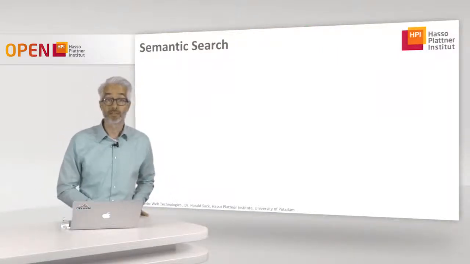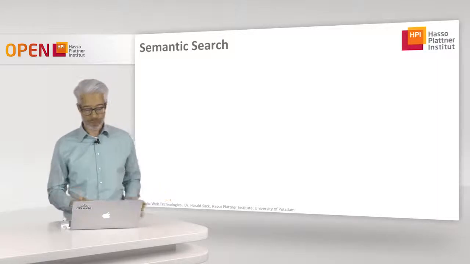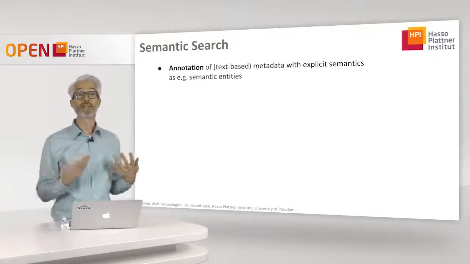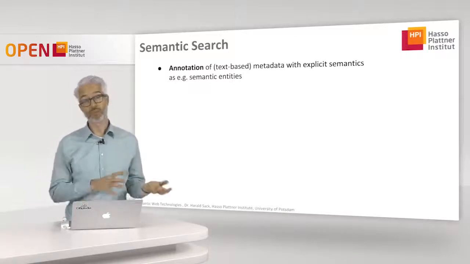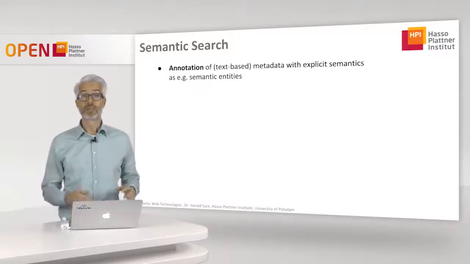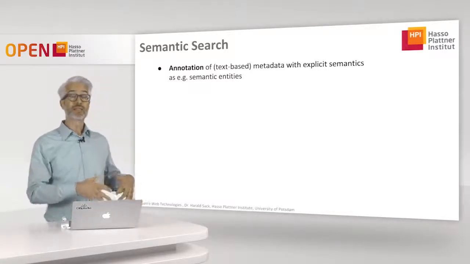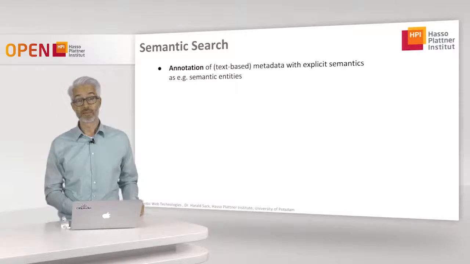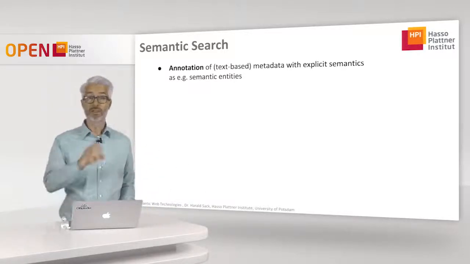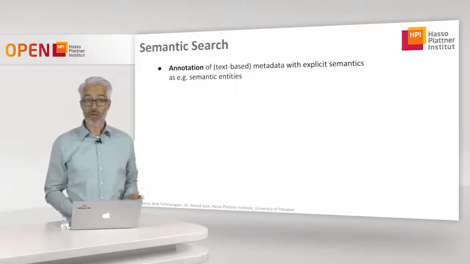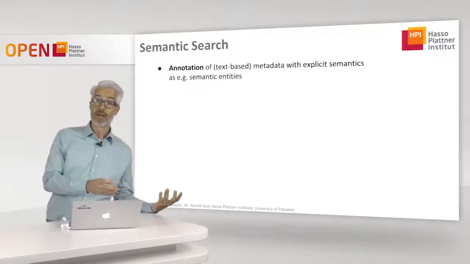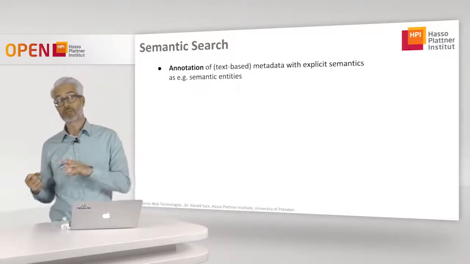So here semantic search comes to help you in that situation. What is semantic search? Usually your documents will be annotated. So you have annotations of your traditional text-based metadata with explicit semantics, which means, for example, with semantic entities. We have seen this in entity resolution. Just imagine you have a natural language text, and all of the entities that are somehow represented in the text are annotated with a semantic entity which comes from a knowledge base.